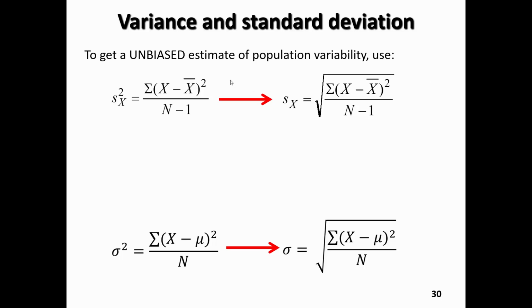Now, if we have real data from a sample, we want to get what's called an unbiased estimate of population variability. So eventually we're going to use the standard deviation to imply some sort of inference to the larger population.